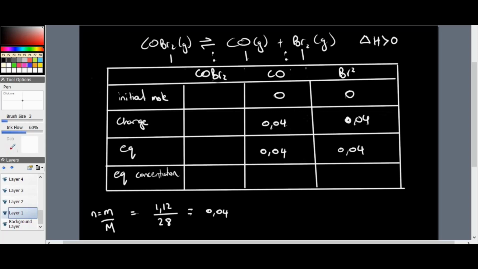If that's the equilibrium mole, then we can definitely calculate the equilibrium mole of this value as well as that value, but we still need to calculate the initial mole. Because they are in the same mole ratio, I just want to check if this holds true.